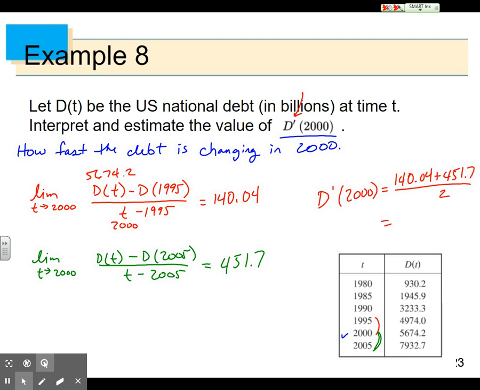If I take the average of those two numbers, divide that by 2, I get 295.87. And that's in billions. So we can say in that year 2000, the national debt was increasing by $295.87 billion. Seems like a lot.